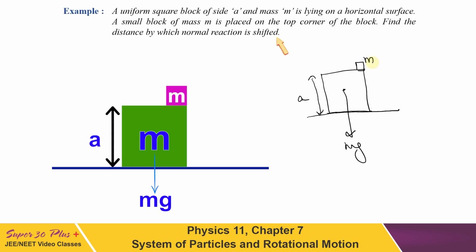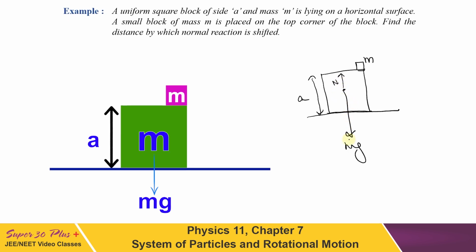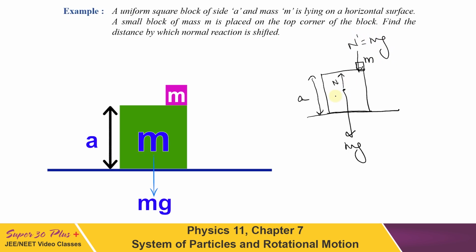Let us first see, is there any reason for the normal to be shifted? First consider our normal to be acting through the center of gravity itself. But if it is passing through the center of gravity, and weight is also passing through it, then the normal reaction applied on the lower block due to the upper block, with value equal to mg, will start producing a torque about any other point.